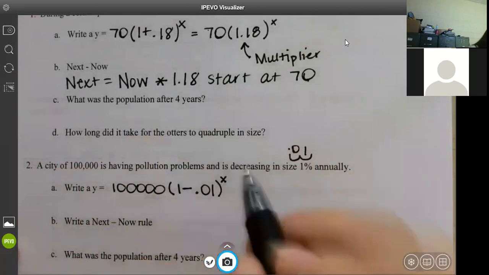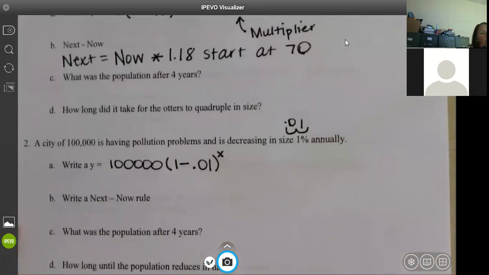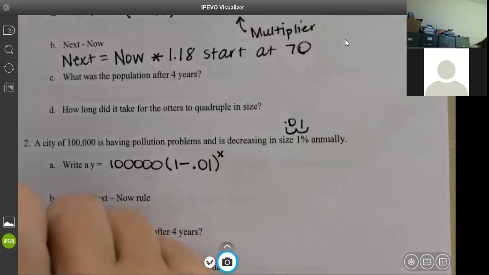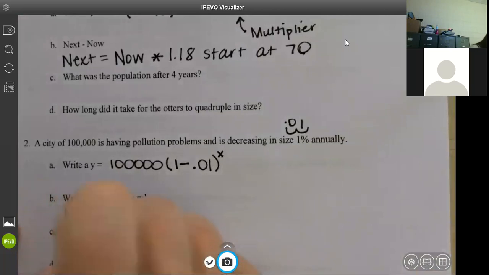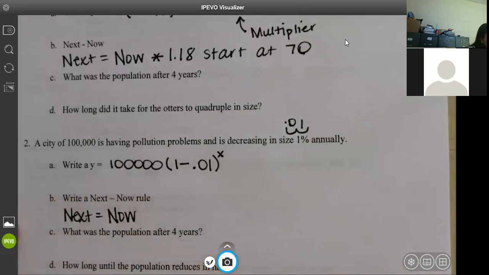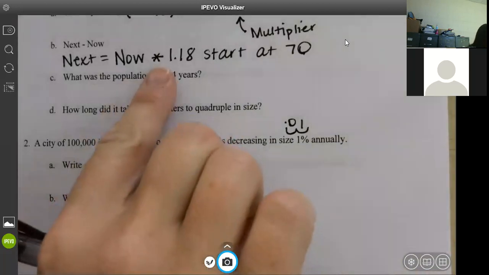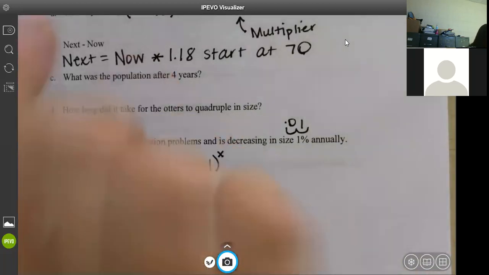And then we're going to write it to the x. Next equals now. What operation are we using? Multiplication.